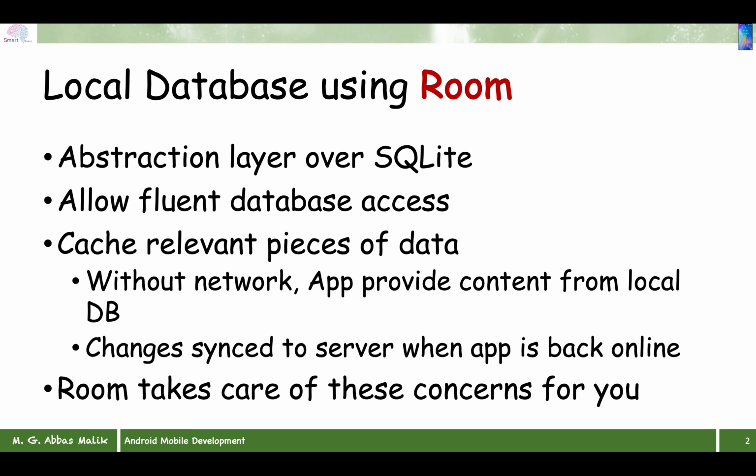So that is also the purpose of the database, whether we are using SQLite directly or we are using the Room architecture. Changes synced data to the server when the application is backlogged. I mean, if your data has changed locally within your mobile, then whenever you get the network connection, you can update that information on the server side. So Room takes care of these concerns for you.